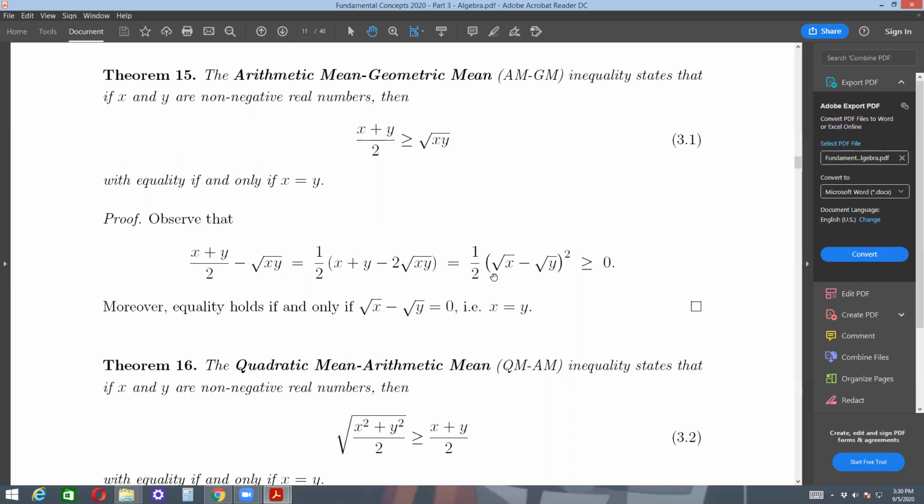This is actually a half times (square root of x minus square root of y) all squared. And since this is a half times something squared, it will always be greater than or equal to 0. And since this is greater than or equal to 0, then the arithmetic mean must be greater than or equal to the geometric mean. Now for equality to occur here, this must actually be 0, which means that the square root of x must be the square root of y, which means x must be y.